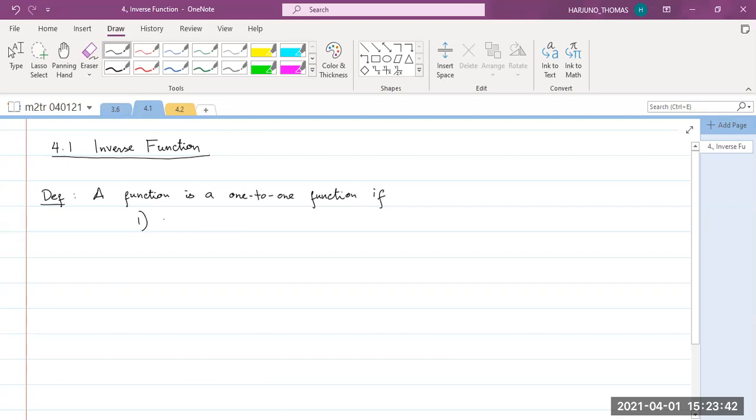First, if x1 is not equal to x2, as long as the x are different, then f(x1) is not equal to f(x2). Okay, a function f(x) is one-to-one if different x gives us different y's.